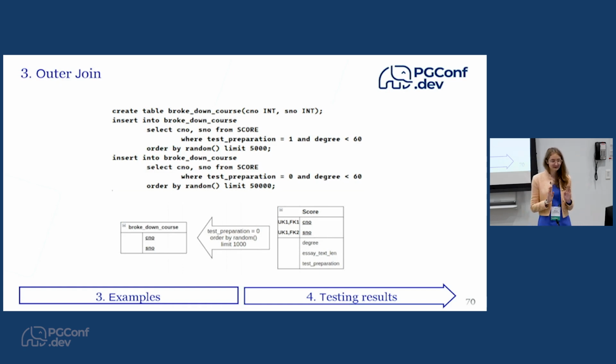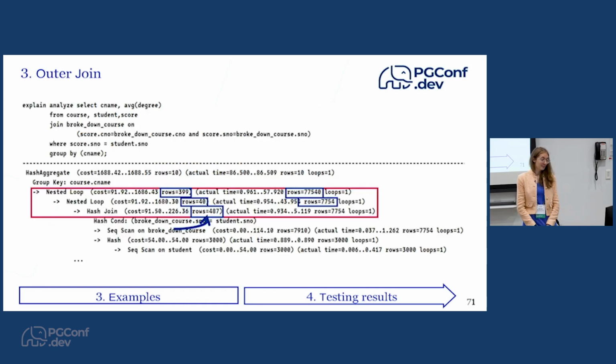And the last problem was related to outer join. Let's imagine the situation when we had a lot of students who failed the exam, and we created a new table for them. Now, when we try to compare information about their last degree and the current one, and we use outer join there, we see the underestimation problem.